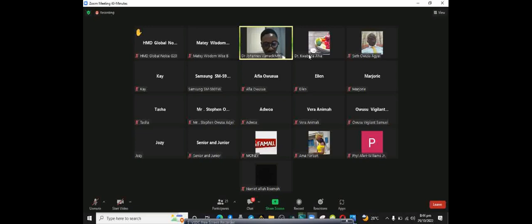Most of these artificial spices on the market, when you check the contents, you realize that it contains monosodium glutamate. This monosodium glutamate is actually a very potent carcinogenic substance. So we should take note of it. Thank you very much.